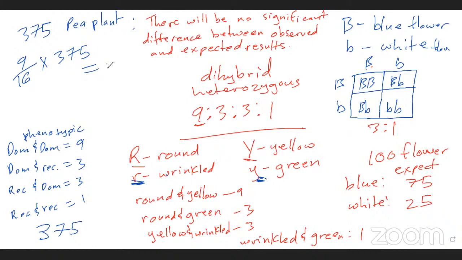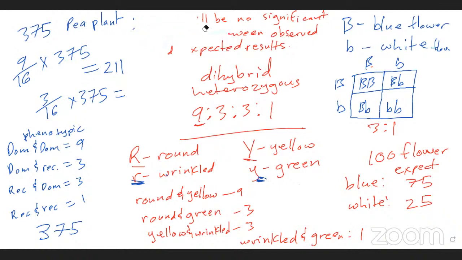211. And for the round and green, it would be 3/16 times 375. How much do I get? 70.